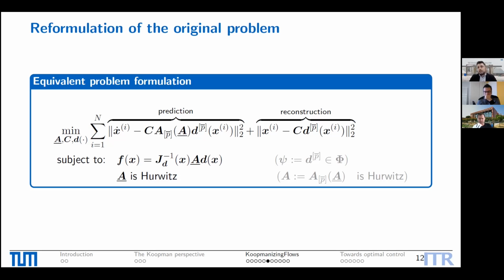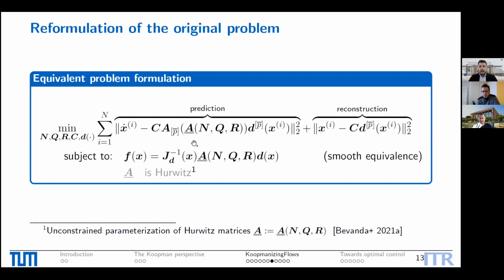What we also have as a constraint is, of course, that this underlined A matrix is Hurwitz. The nice thing is that this is now of reduced dimension, because the lifted A matrix is linearly parametrized through this smaller A matrix with positive coefficients, meaning all we need to do is make this smaller A matrix that parameterizes the big one Hurwitz.